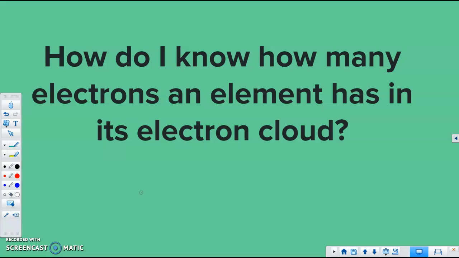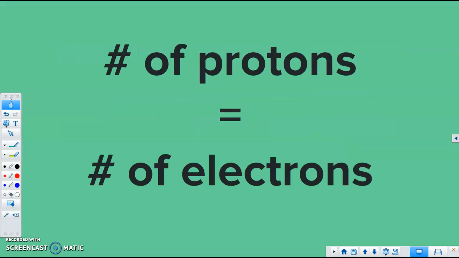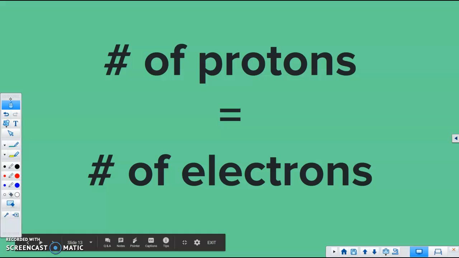All right, so electrons. How do I know how many electrons an element has in its electron cloud? That, for us, is solely going to be dependent on the number of protons. So for an atom to be overall neutral, protons and electrons must be equal. So think about that for a second. The number of protons must equal the number of electrons.